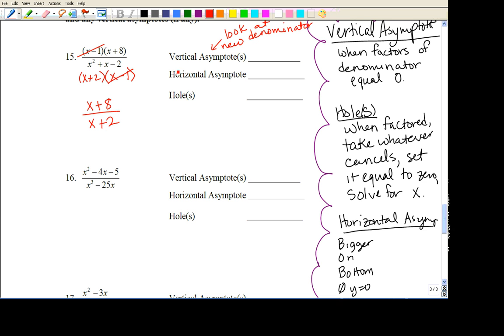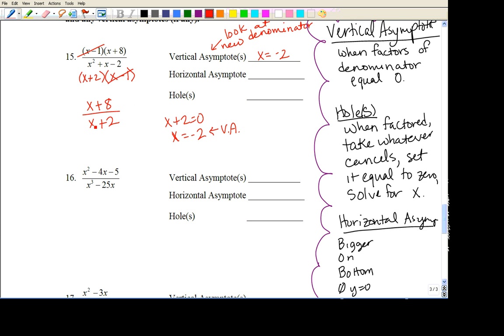Okay. So if I have that x plus 2 and I set it equal to 0 and solve for x, I'll get x equals -2. So that is the vertical asymptote. So I'll have x equals -2. For the horizontal asymptote, that's the BOBO BOTN. So we again will look at this new one.